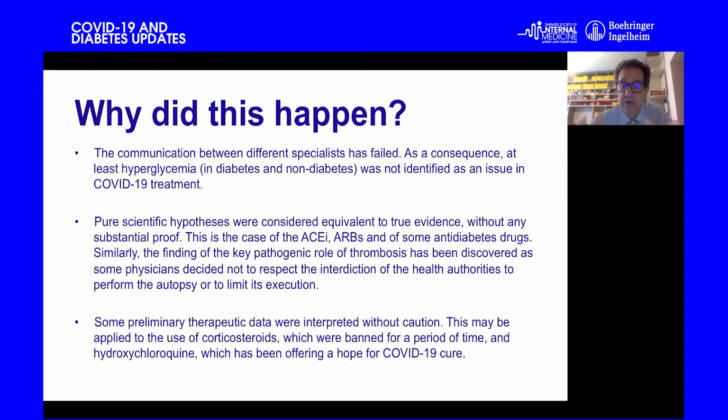Some preliminary therapeutic data were interpreted without caution. This is the case, for example, for steroids in one way, or hydroxychloroquine in the other way. So pure hypotheses and preliminary results were considered true evidence and followed.